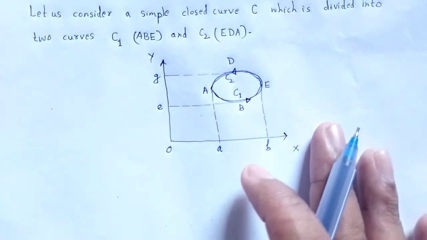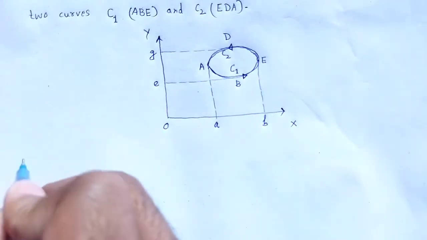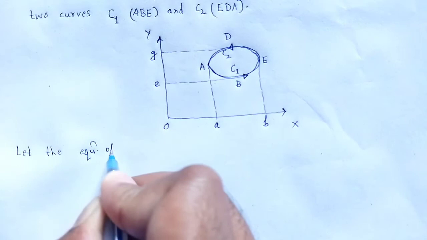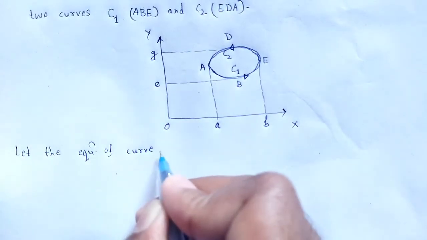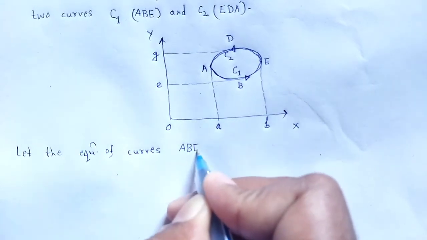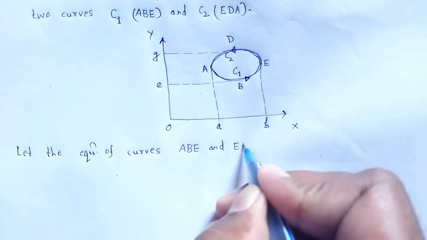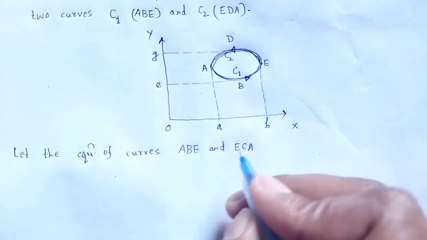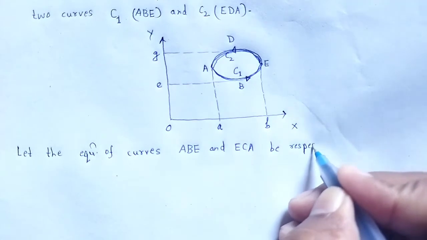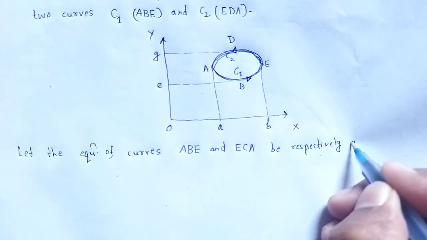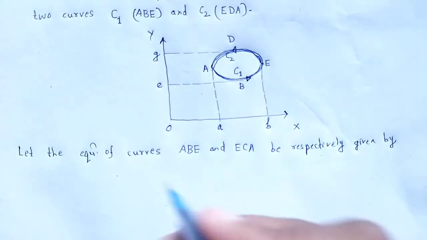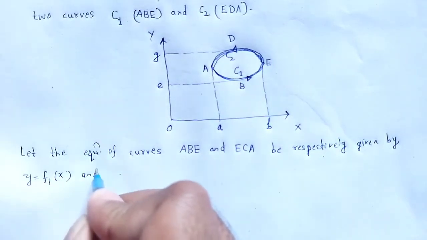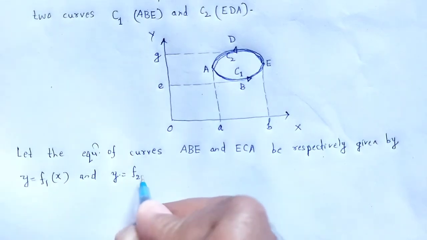Now I can write, let the equations of the curves ABE and EDA be respectively given as y equal to f1(x) and y equal to f2(x).